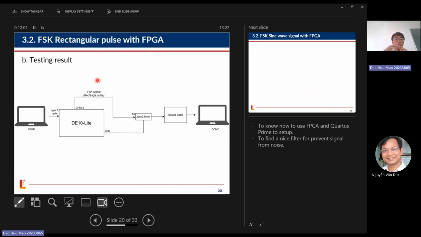But this model has a really big problem. The signal generated from GPIO is just digital, it's 0 and 1, not an analog signal. So that's not an FSK signal.